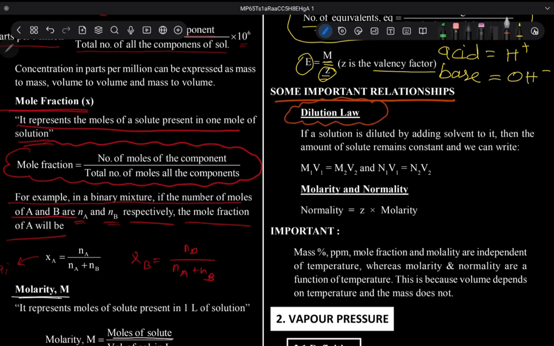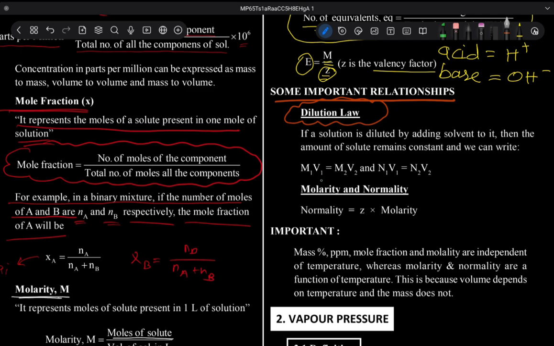Think of this like making orange juice from a concentrate. When you add water, which is the solvent, the total amount of the juice concentrate, which is the solute, stays the same, even though the total volume increases and the taste gets weaker.